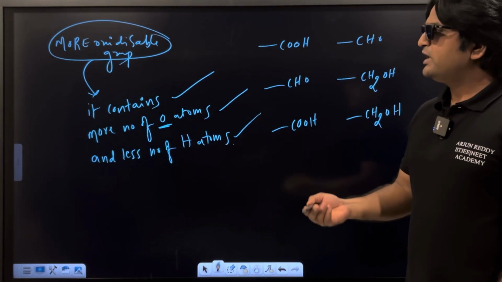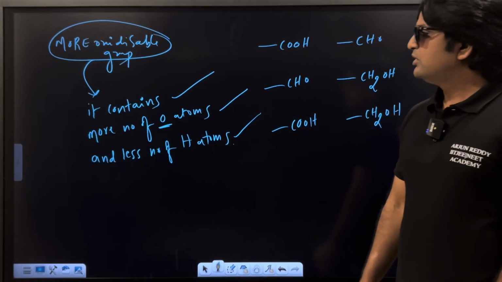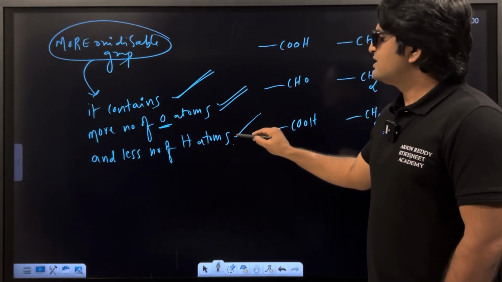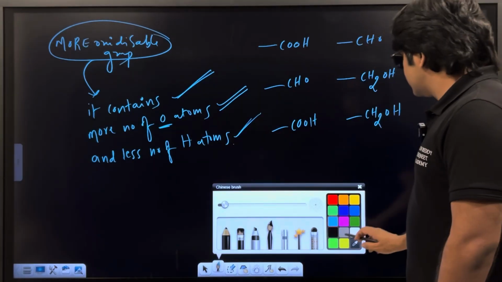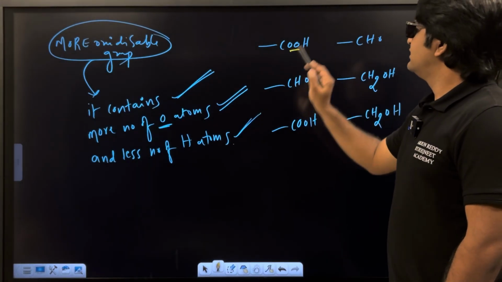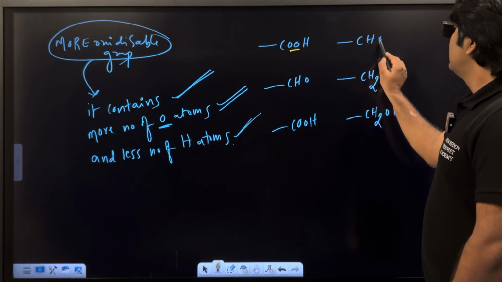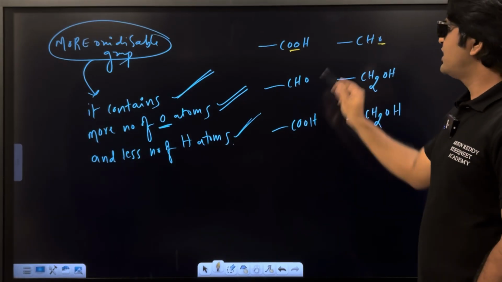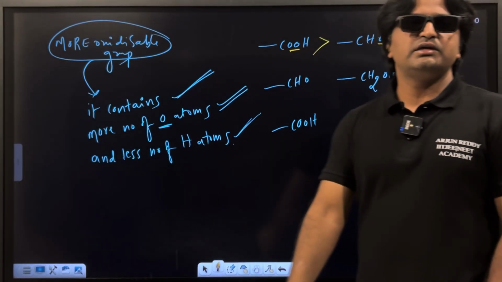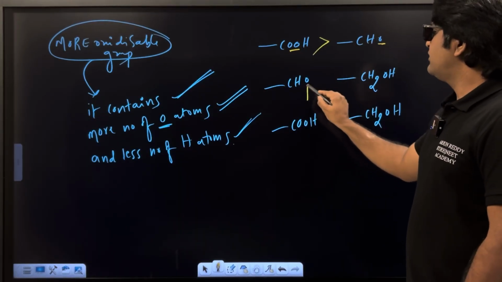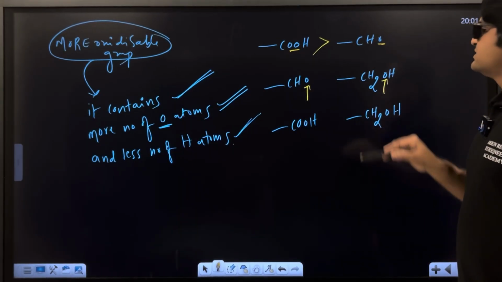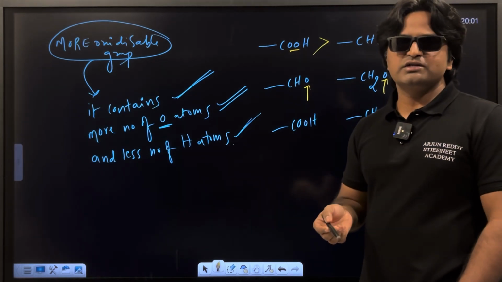How can we identify the more oxidizable group? It contains more oxygen atoms and fewer hydrogen atoms. In carboxylic acid, how many oxygen atoms are there? Two oxygen atoms, versus one oxygen atom, so carboxylic acid is the more oxidizable group. If the number of oxygen atoms is the same, then go for the number of hydrogen atoms.